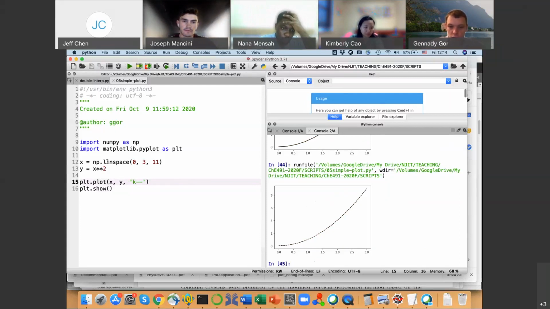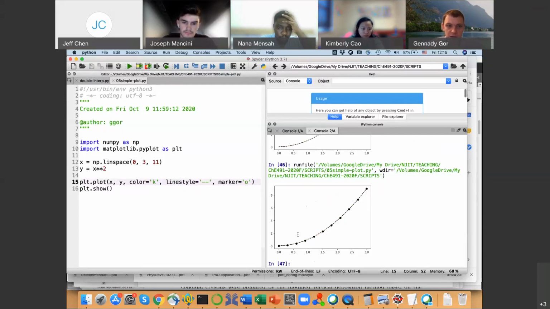You can say color equals k, linestyle equals double dash, right? And it will be the same thing. I can add markers as well. Currently it's drawing a line, but it doesn't show the points. Marker, I forgot if it's plural or single. I think single, and let it be circle. Yep.